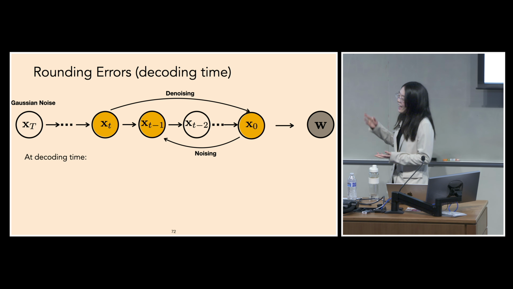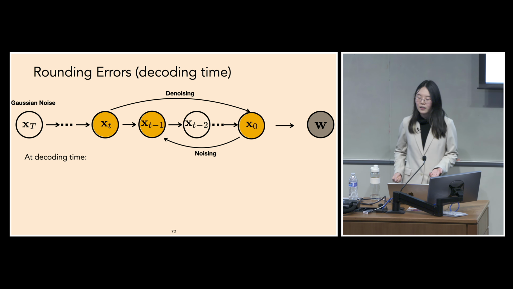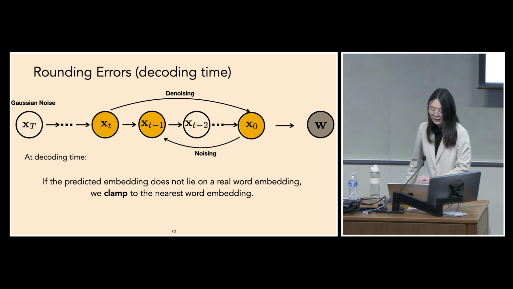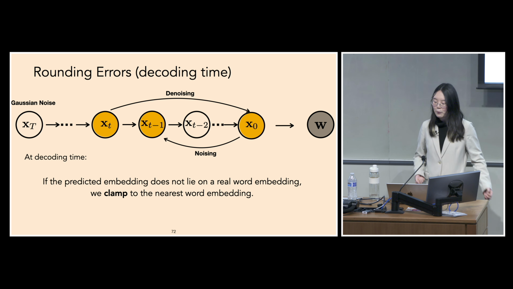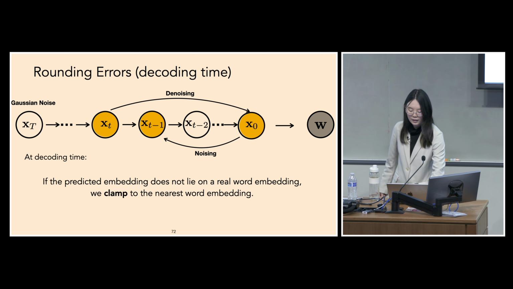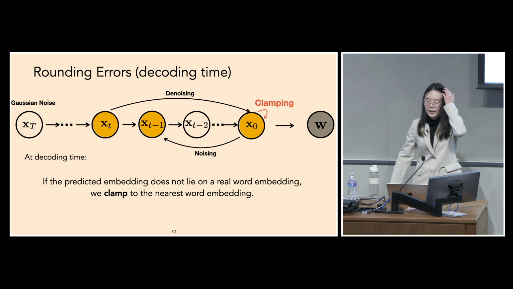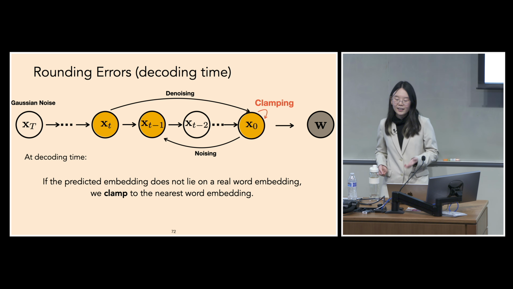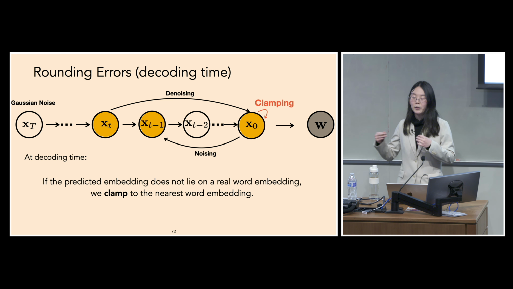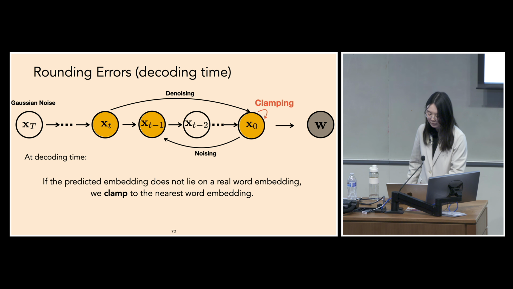So since we are predicting x naught at each time step, we can take advantage of this and check whether the prediction is aligned with a real word embedding or not. If it doesn't, then we can correct for the prediction by clamping it to the nearest word embedding. And we call this the clamping trick at decoding time. Since a correct x naught should exactly lie on top of a word, this trick prevents the precision error from accumulating and ensures stability in the decoding process.